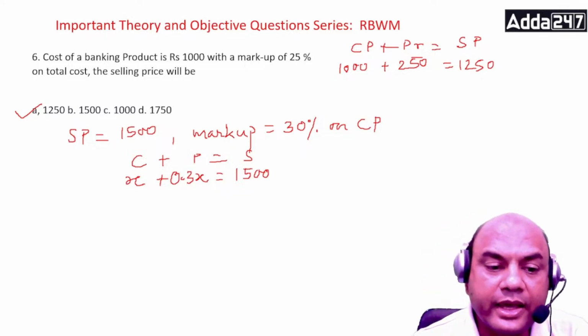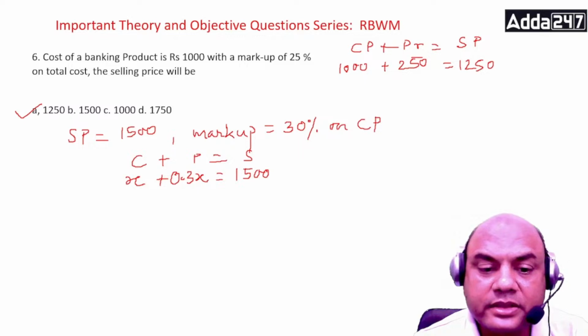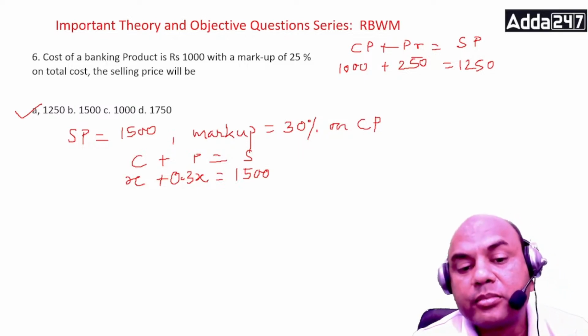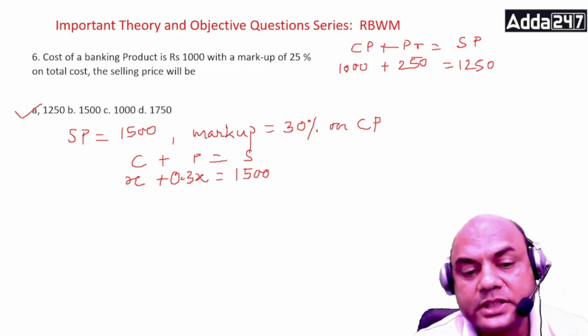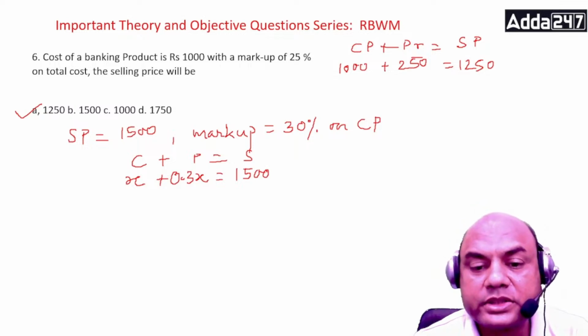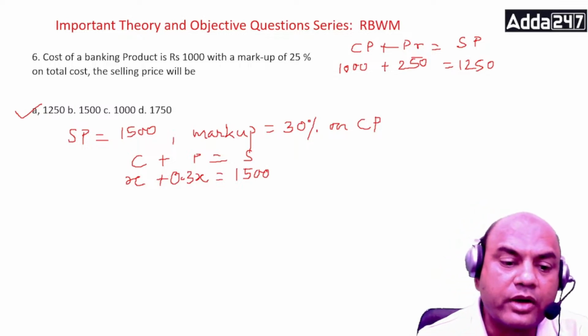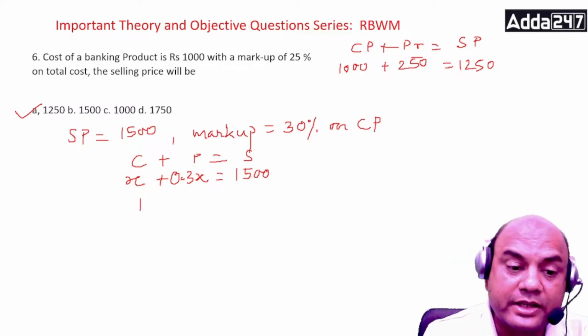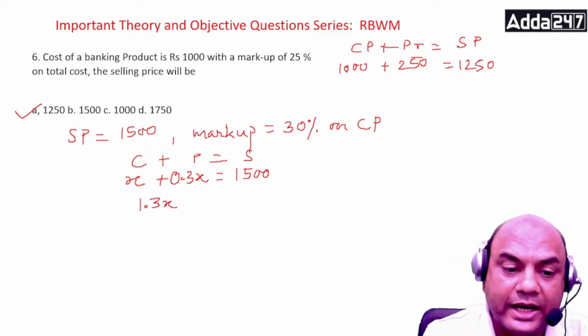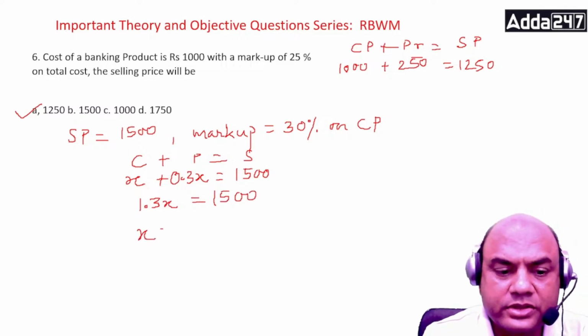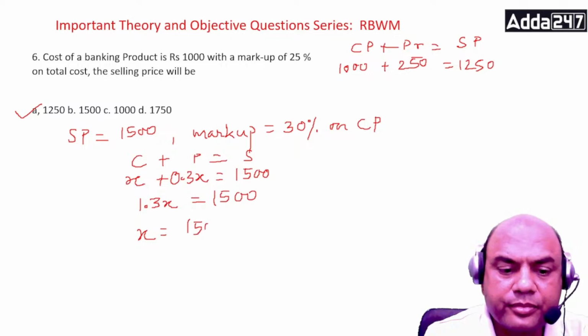Markup is never on the selling price; it is always on the cost price. So cost plus profit is 1.3x, which equals 1500. That's why I said this is a difficult problem. Now x will be what? Divided: x equals 1500 divided by 1.3. So what is the answer now?